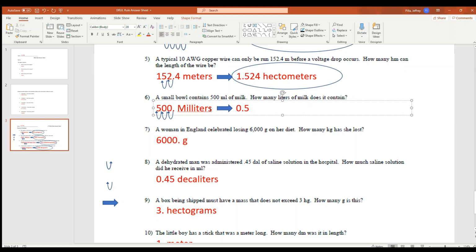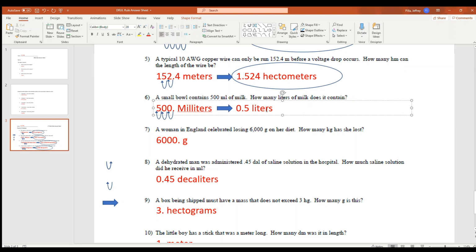If I were to write this out exactly how we got it, it would look like this: 0.500 liters, okay? You do not need to include those zeros at the end. You can actually drop those zeros. So what your real answer should look like is this, 0.5 liters, okay?